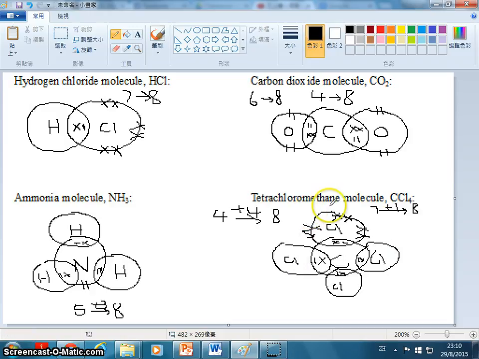So usually students stop here, forgetting the lone pairs on chlorine. So please do not do that. We still have 6 electrons in the outer shell of chlorine after using 1 electron for the bond pair. This chlorine as well. Okay, so that's finished.